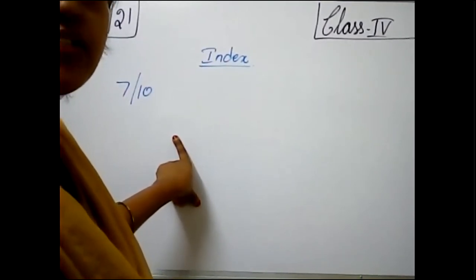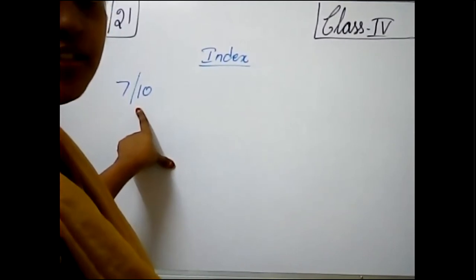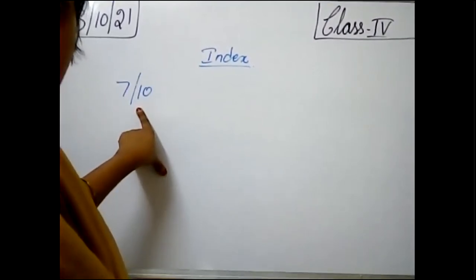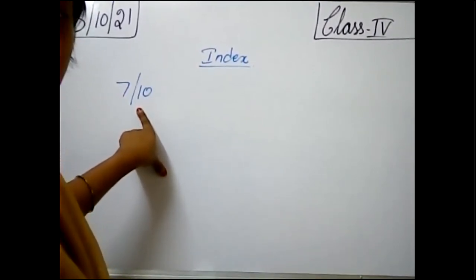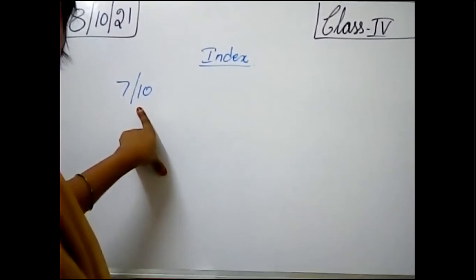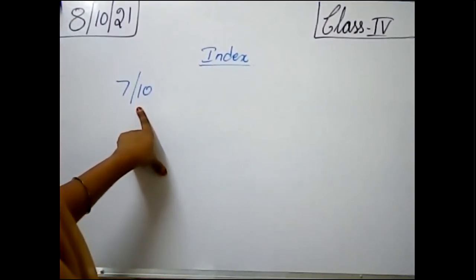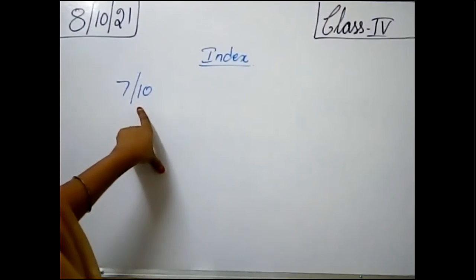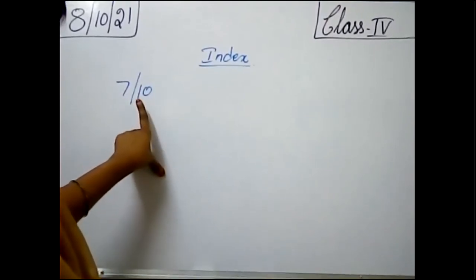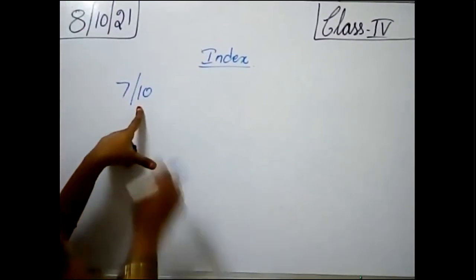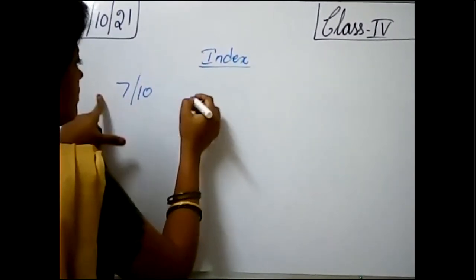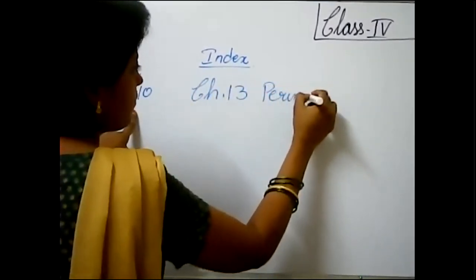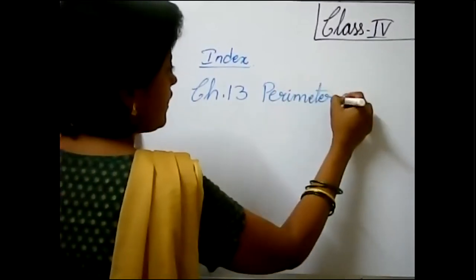Listen to me. Yesterday I gave the notes, no? So I'm writing yesterday's date. Is it clear? Those who are out of station, listen to me. After coming back, you can complete your classwork. Yesterday I gave the notes to you, no? So let me finish it. Write down yesterday's date only. Chapter 13, Perimeter and area.